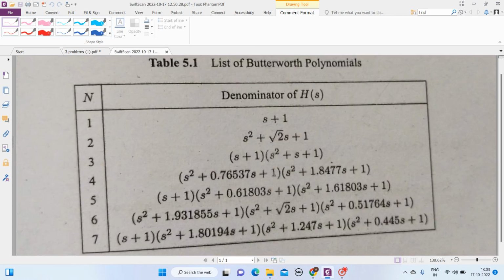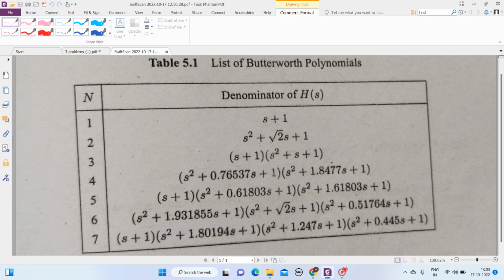I will discuss how to utilize this table. Usually, you have to memorize this table, because without it you can't write the transfer function.